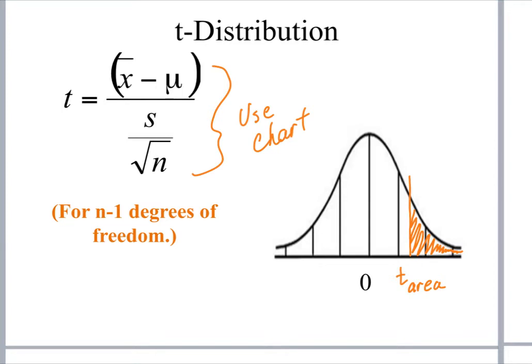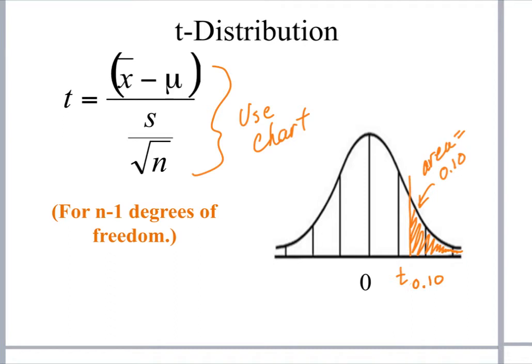Okay, so let's say the area here equals 0.10. That means we can change t sub area down here, get it erased, to t sub 0.10. That's the area for which we want to find the t value.